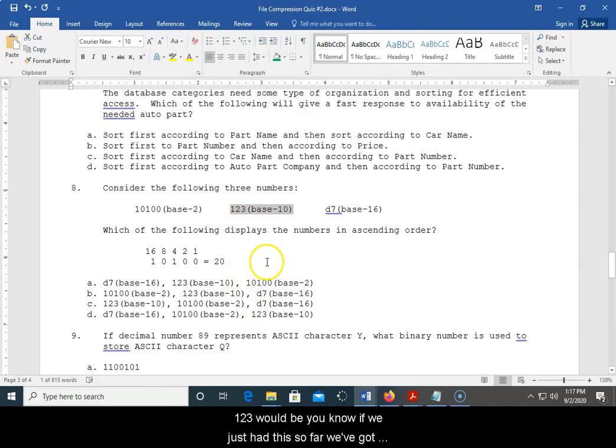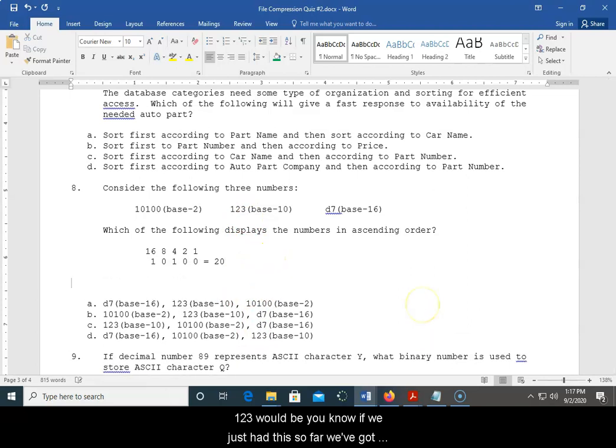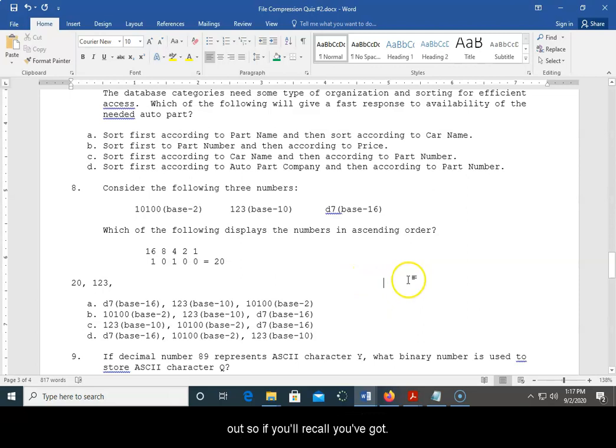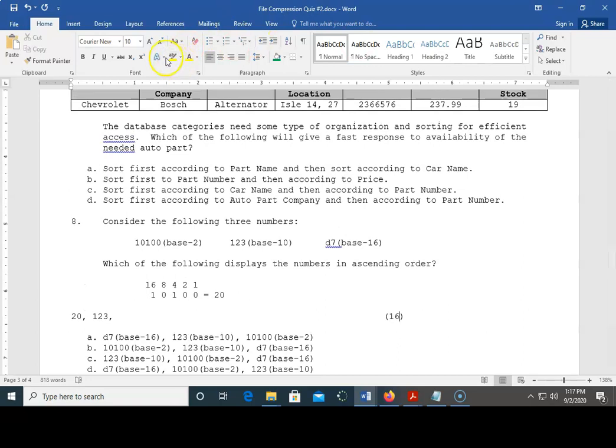So if we just had this so far, we've got 20, 123, and we need a test for D7. Well, how is D7 figured out? So if you recall, you've got 16 to the 0 power.